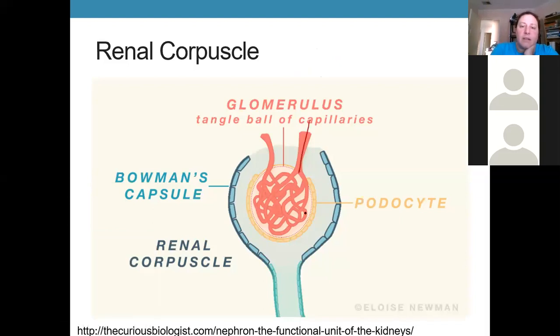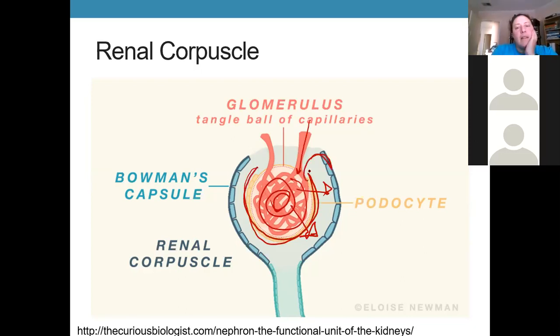Blood comes in, swirls around these capillaries, filtering fluid out through the visceral layer of the capsule, and the parietal layer forms the outside, so we're catching this filtrate in between layers, and then it becomes the tube, and out it goes to turn into urine. Meanwhile, the blood, after being filtered, heads back out because the circulatory system is continuous, so it has to go somewhere.